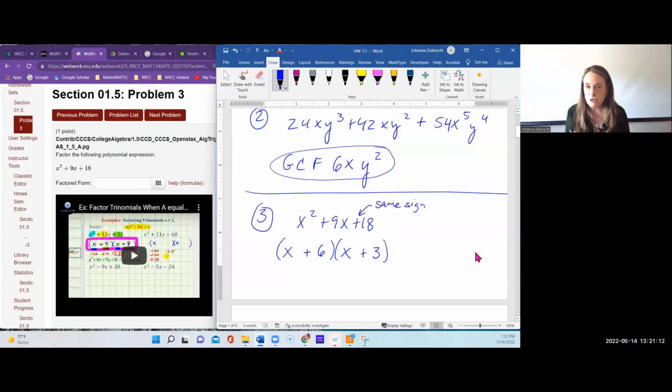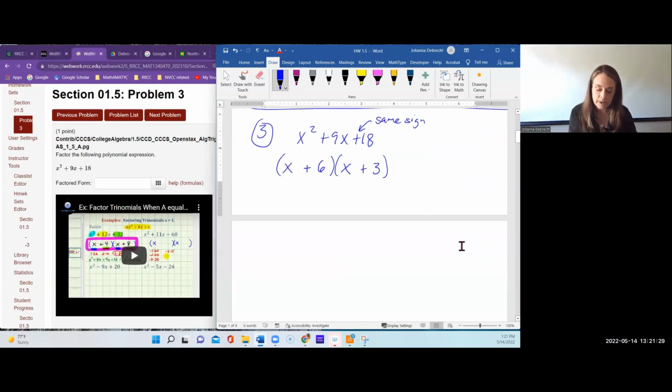Now, if you don't like the trial and error method, there's another method called the AC method. The AC method always works. It never fails, and it will also factor the difference of two squares pattern. Now, when we're talking about the AC method, we have to talk at least a little bit about what a quadratic equation looks like.